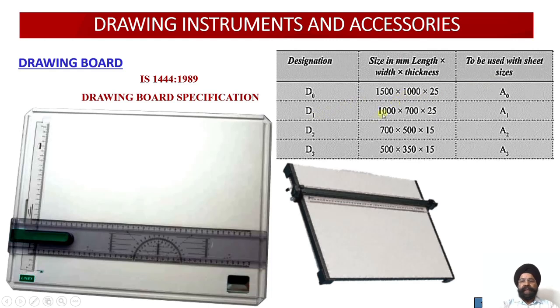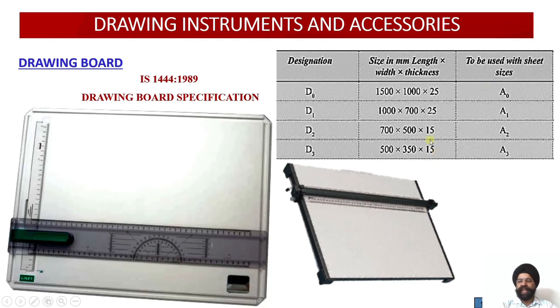D1, length is 1000, width is 700 and the thickness is 25. Then D2 size is used to hold A2 size sheet and its size is 700 by 500 by 15. Similarly, D3 is the smallest board and its length is 500, width is 350 and thickness is 15.